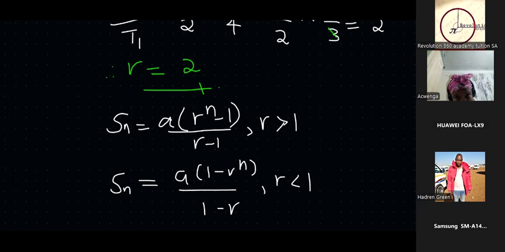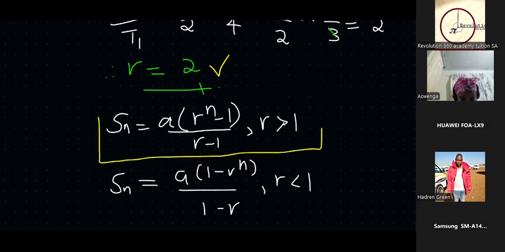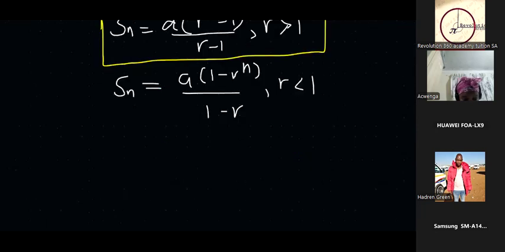But mind you, that's based on what you got here. R being 2, you can actually see that 2 is bigger than 1. So this is the correct formula that I'm going to use, because r is bigger than 1. Then you write that formula down: Sn equals a into r to the exponent of n minus 1 all over r minus 1.